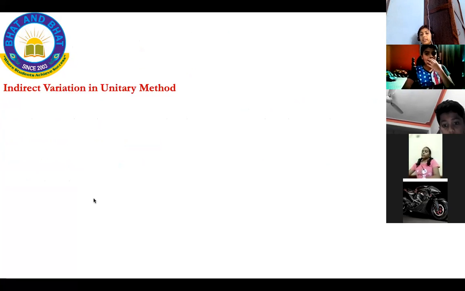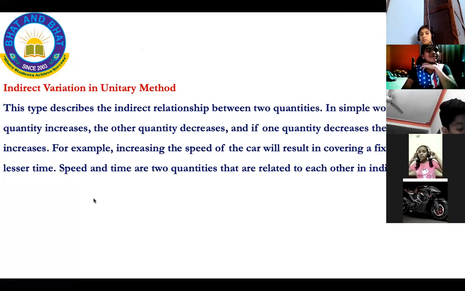Now, what do we mean by indirect variation? The relation will not be the same as before, where if speed increases, distance increases. Not like that. See, the same example: increasing the speed of the car will result in covering a fixed distance in less time. Say you are going from home to school.